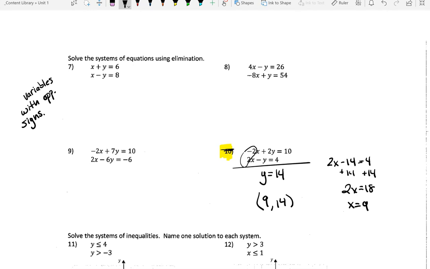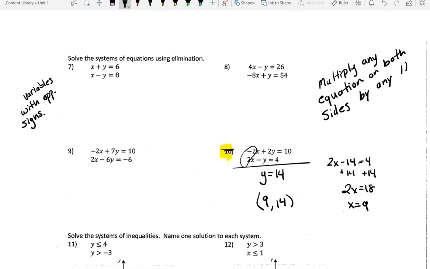But you can multiply any equation on both sides by any number, and you can combine equations.